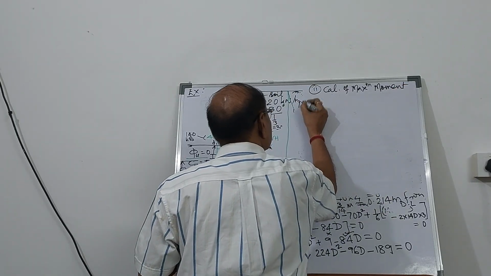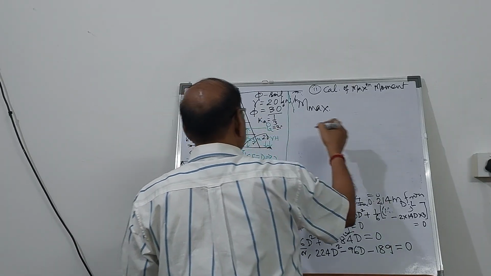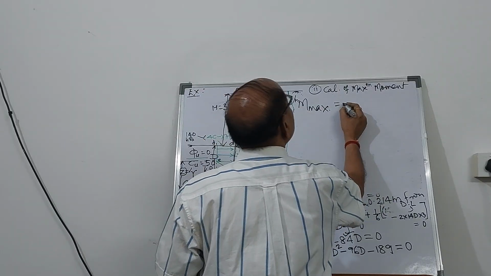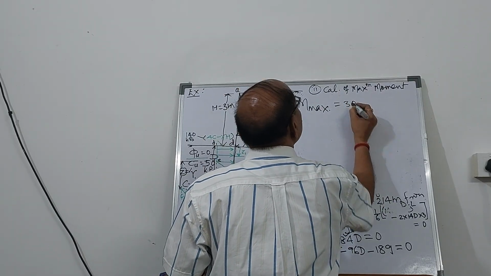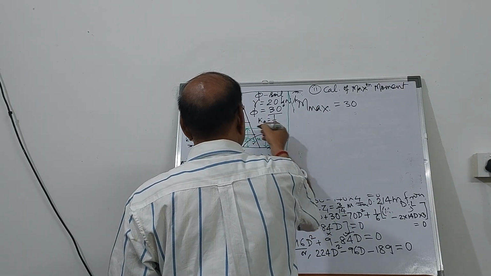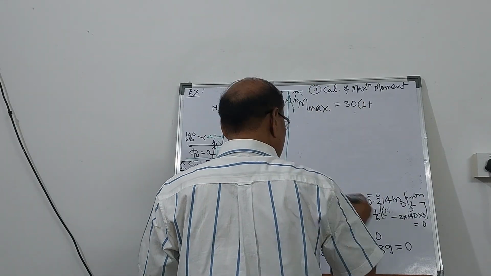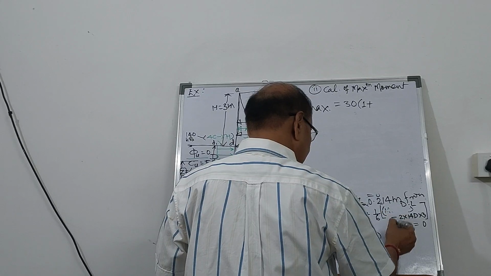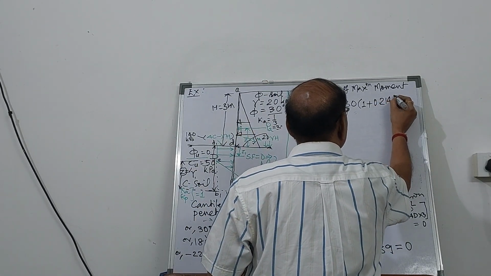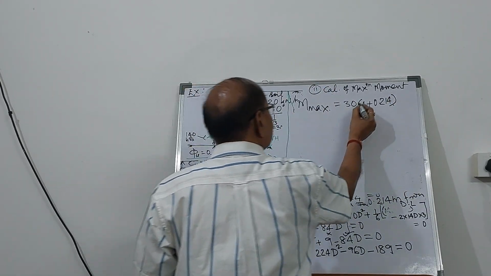M max at this point, this is a cantilever, so will be equal to PA. So PA is already 30 kilonewton, and it is acting from the dredge line at 1 meter, plus Z1 you have already found out as 0.214. This force is going to act in an anti-clockwise manner.